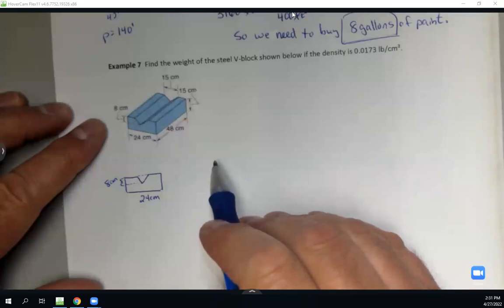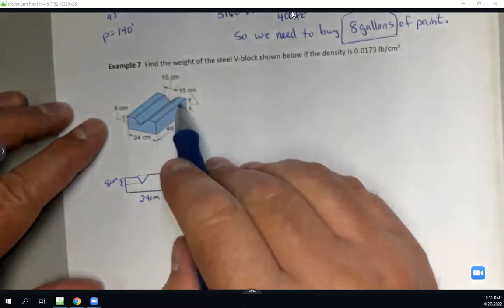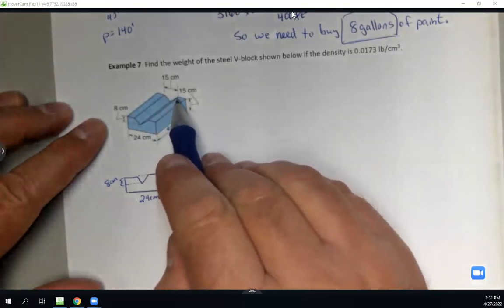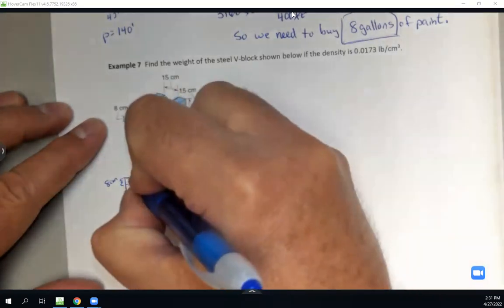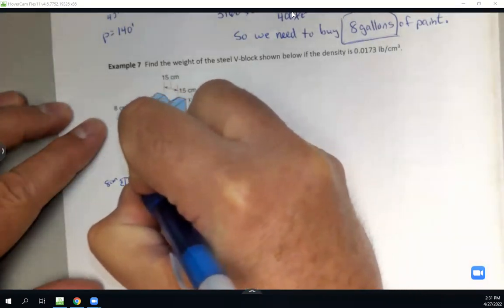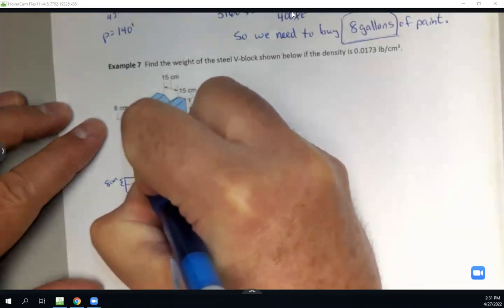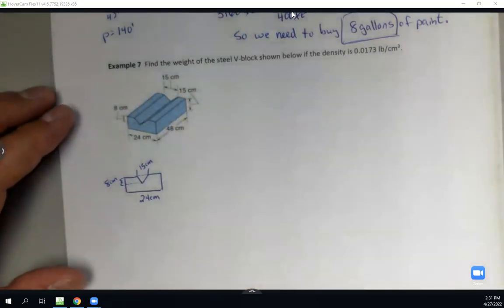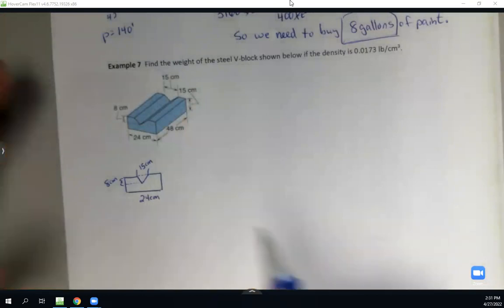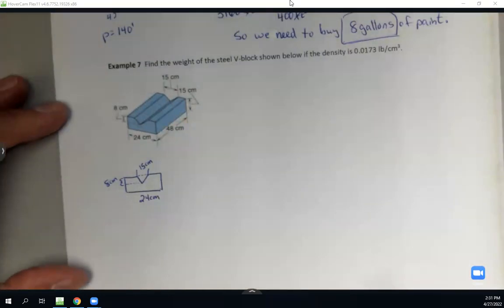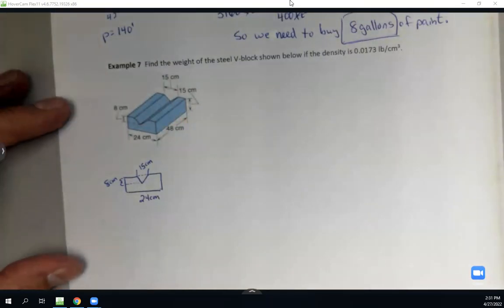I also know from over here that from here to here, that's 15 centimeters. And again, the significance of that is that it is telling me the base of the triangle, if you will. We okay with that?